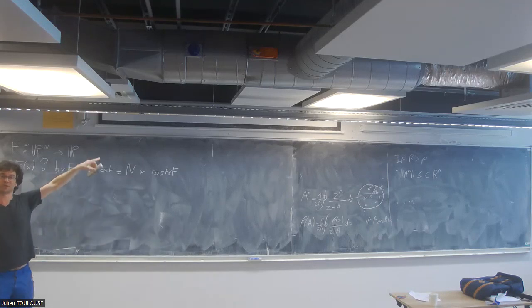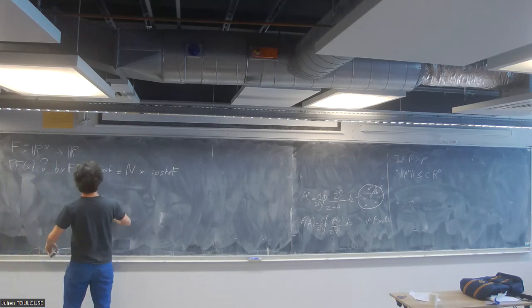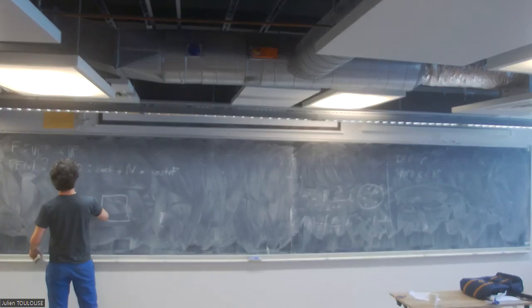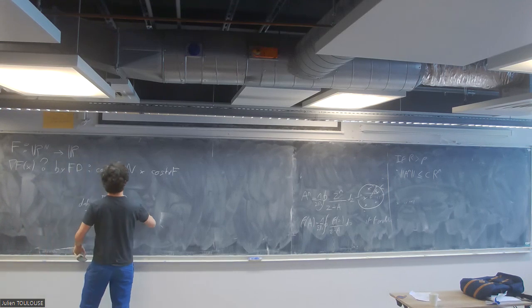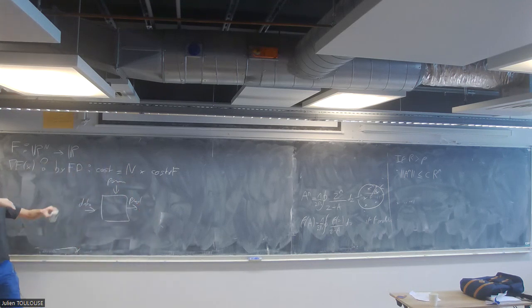This is good because people do this all the time. For instance, in machine learning, what is machine learning? You have data coming in, a prediction coming out, and parameters in the middle, and inside there's a big machine. How do you train this?